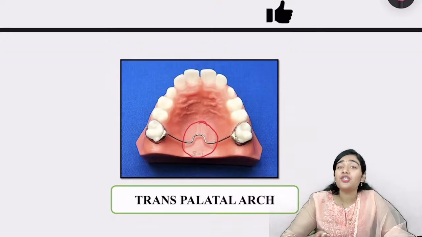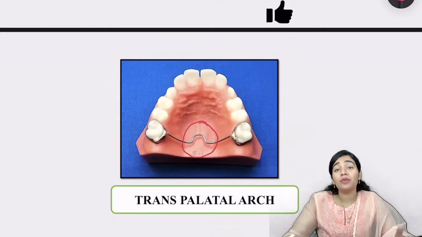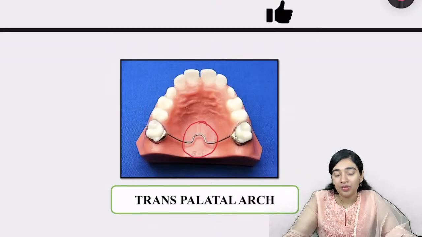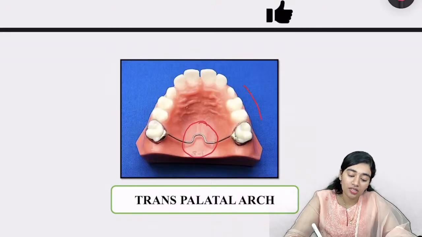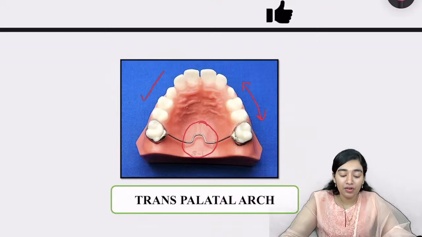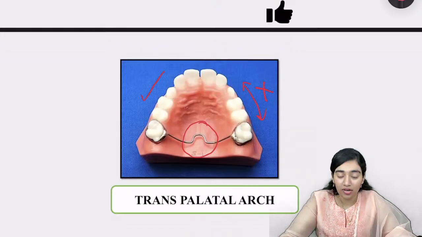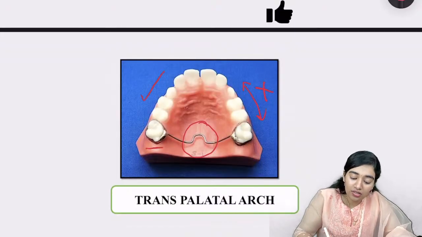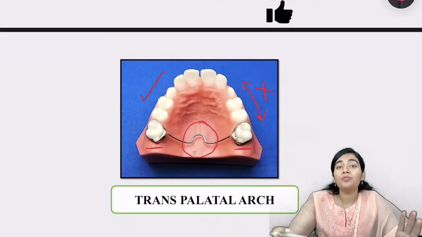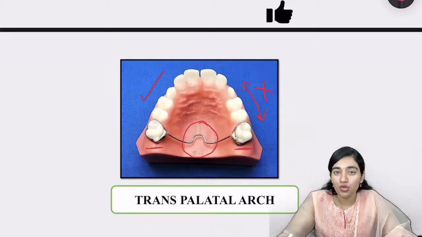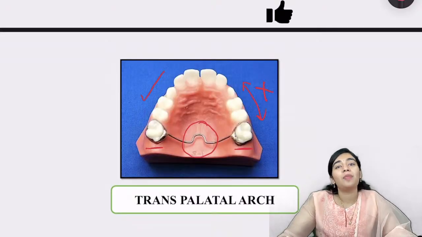So the main function of the transpalatal arch is to maintain the arch width whenever multiple teeth are lost on one side and the other side of the arch is intact. When one side of the arch is intact and on the other side multiple primary teeth are lost and permanent molars have erupted in their places, then to maintain that arch width, the space maintainer of choice would be our transpalatal arch.